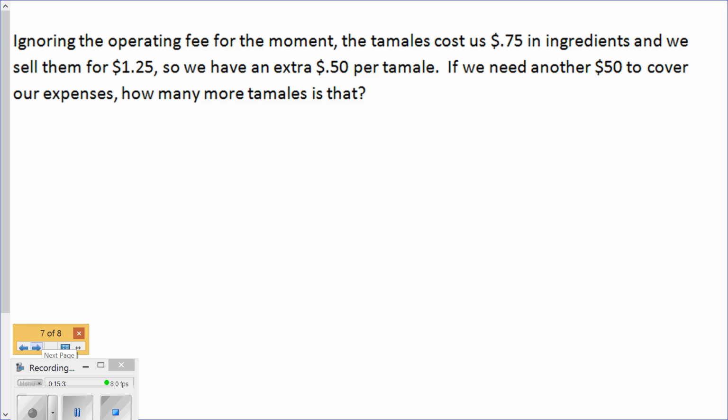Okay, so to look at this, let's ignore the operating fee for a moment. The tamales cost us 75 cents in ingredients, and we're selling them for $1.25. That means we're making 50 cents per tamale, ignoring the operating costs. If we need another $50 to cover our expenses, how many more tamales would that be? If we're making 50 cents per tamale, that would be another 100 tamales.